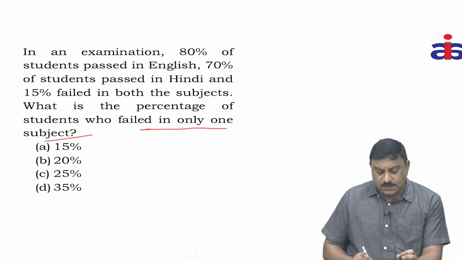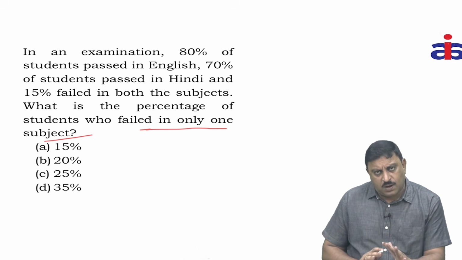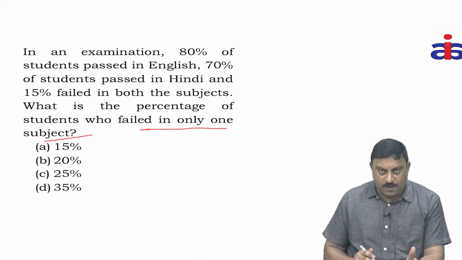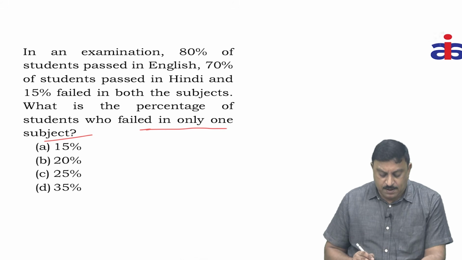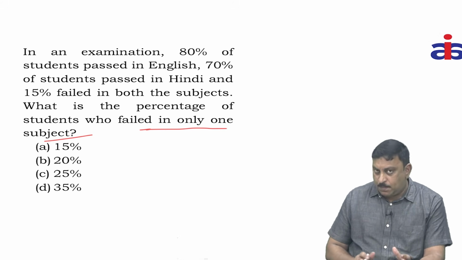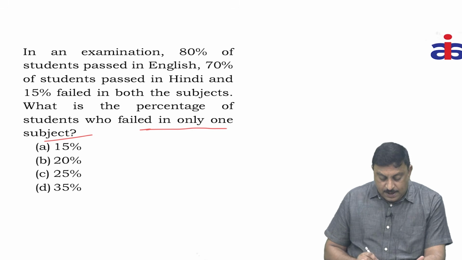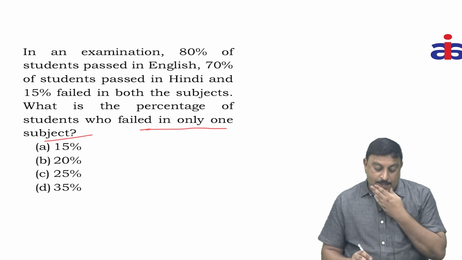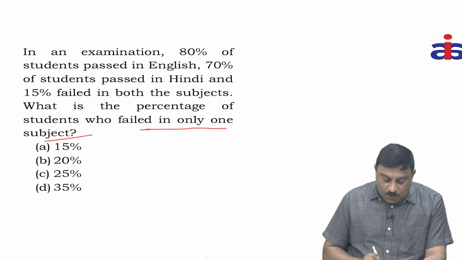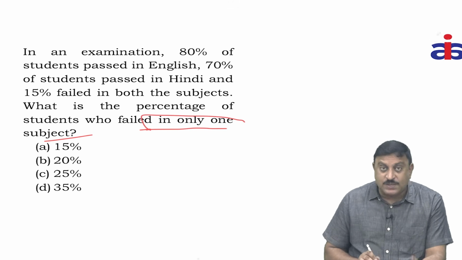See, in the class, we used to give so much exercise on this one. Almost all the questions have come from our class notes, the models, not the exact numbers, but all the models we covered, right? What is the percentage of students who fail only in one subject?